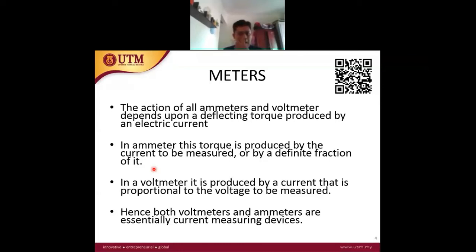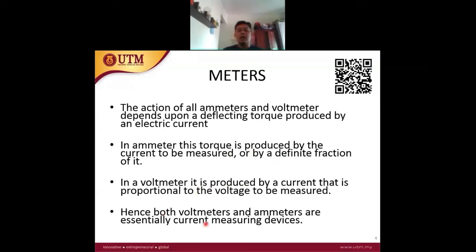In an ammeter, the deflection is proportional to the current, whereas for a voltmeter, the deflection is in relationship with the voltage value. Later we will look into how it can be related.